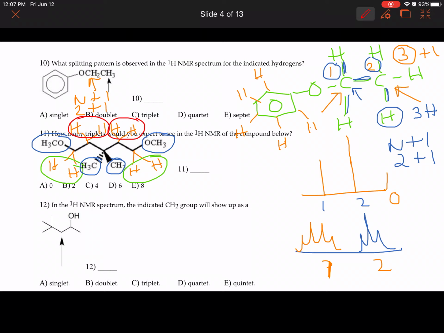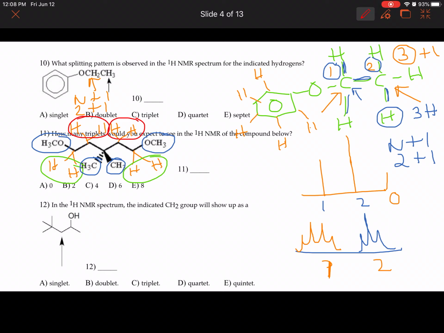And then they are next to 2 hydrogens, so that will create 1 triplet for the red hydrogens and 1 triplet for the green hydrogens. So we're going to have 2 triplets total because of the symmetry of the molecule, and some of the hydrogens happen to be in the same chemical environment. So the answer is going to be 2 triplets.